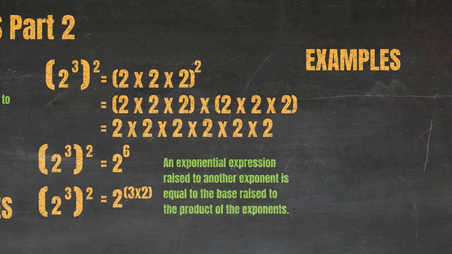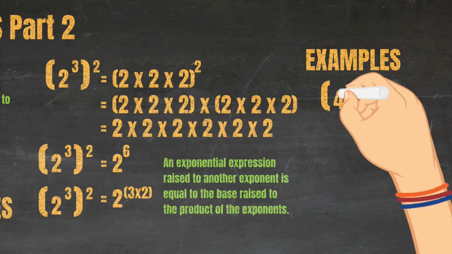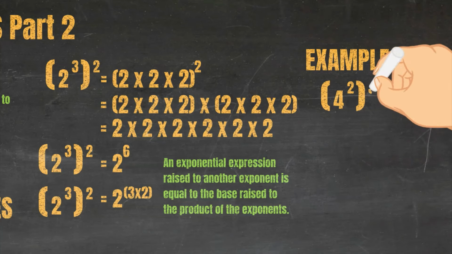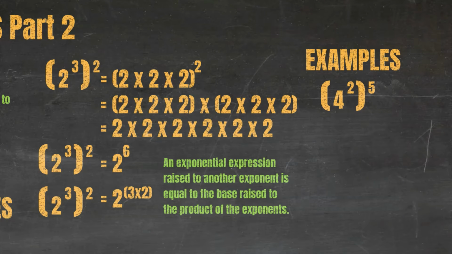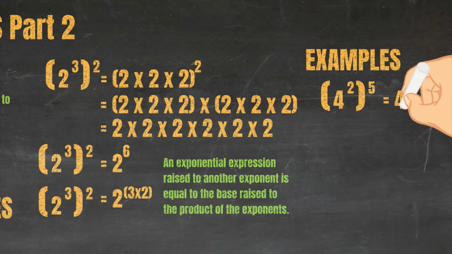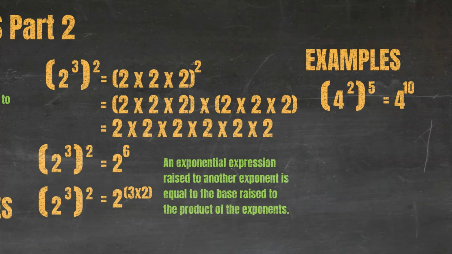Examples: 4 squared to the fifth power. Again, copy the base and then get the product of the exponents. 2 times 5 equals 10. 4 squared to the 5th power is therefore equal to 4 to the 10th power.